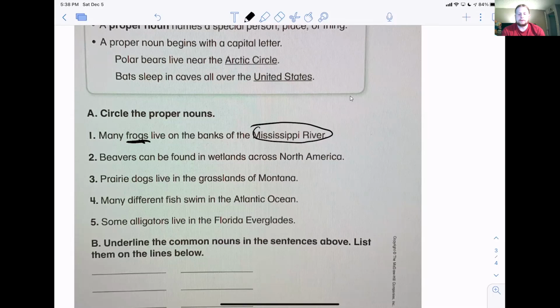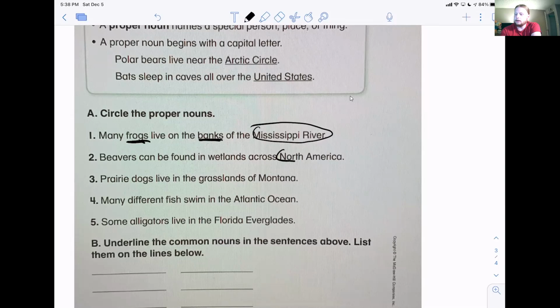Oh, I forgot one. Banks, because a bank is a location. It's not a specific location, which is why it's a common noun. All right, beavers can be found in wetlands across North America.